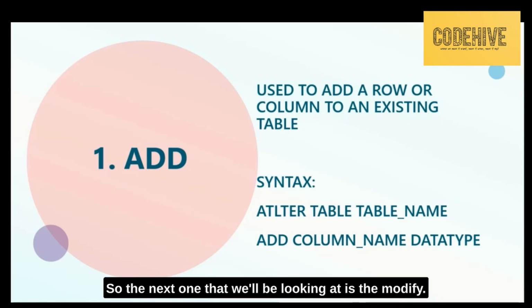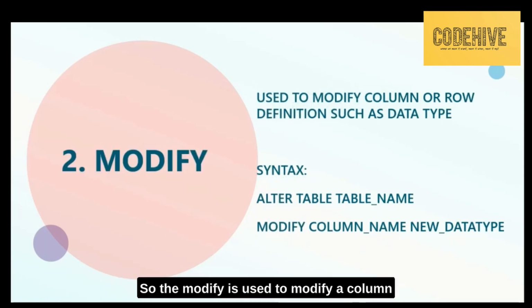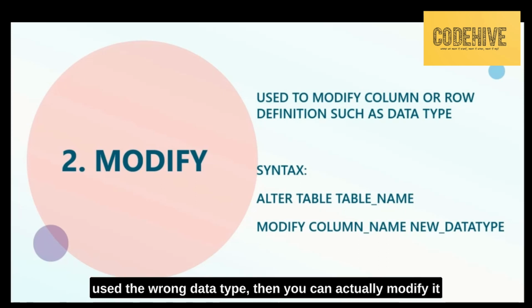Okay, so the next one that we'll be looking at is the modify. The modify is used to modify a column or row definition such as a data type. So if you have your column and you feel like you used the wrong data type, then you can modify it and change it to a new data type that you want.